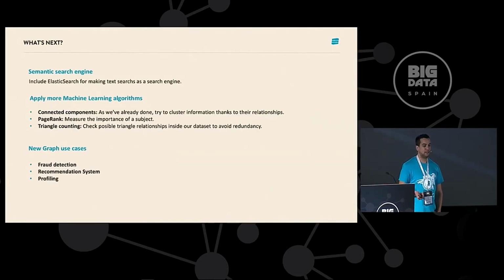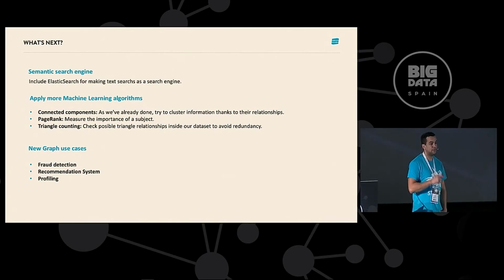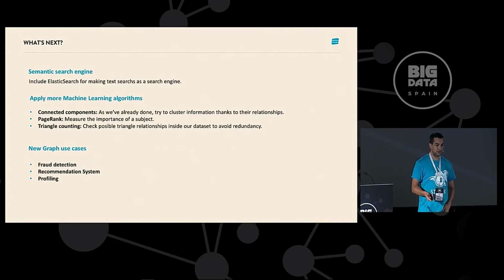And what's next? The next steps we want to apply over this piece of code, and for this suite, Stardust suite, include Elasticsearch. We want to be able to make text search over it.